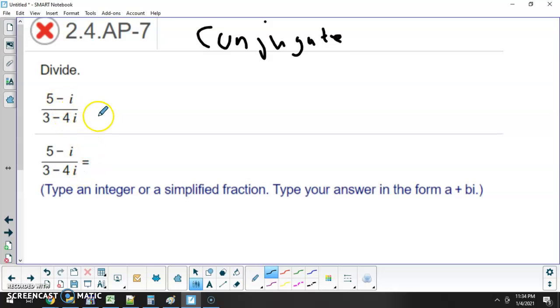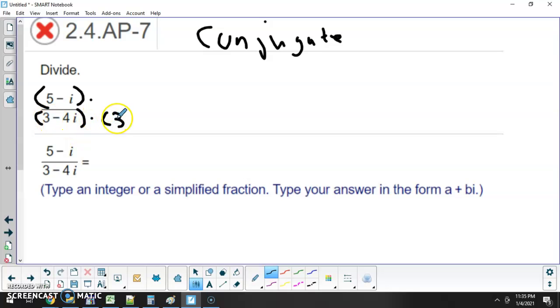So if you take this expression, and now on the top, you want to just imagine there's parentheses around the whole top and parentheses around the whole bottom. Now if we want to get rid of this i in the denominator, we need to multiply by the complex conjugate. Alright, and so what is that?